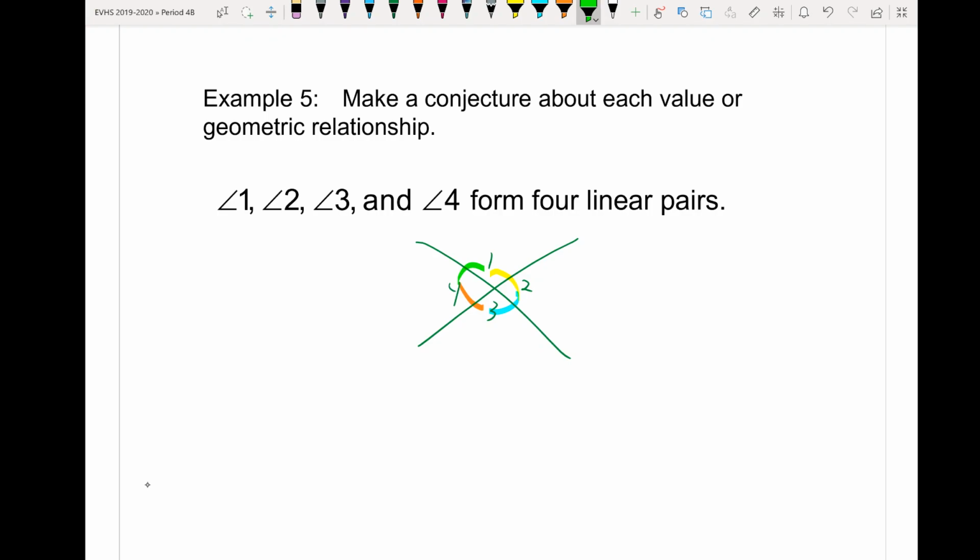Now, what conclusion or conjecture can I make based on that picture? There's a couple that I would take. It creates 2 sets of vertical angles. I like that. The place you could go too far is saying that 1 and 3 are vertical angles.